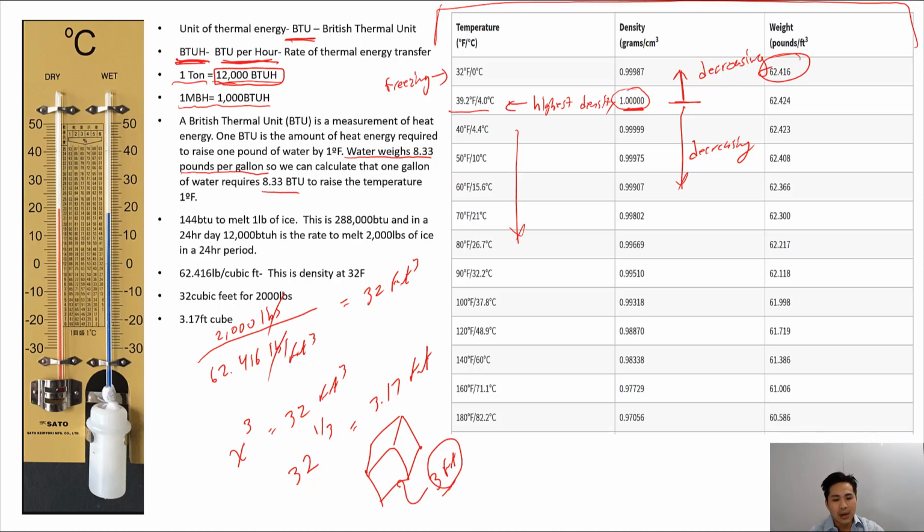Wet bulb temperature is the temperature that a thermometer would read if it was wrapped with a cloth. In this picture, the cloth wrapped around this thermometer is sitting in some water, so it would be wet, and the temperature of that moisture is the wet bulb temperature.